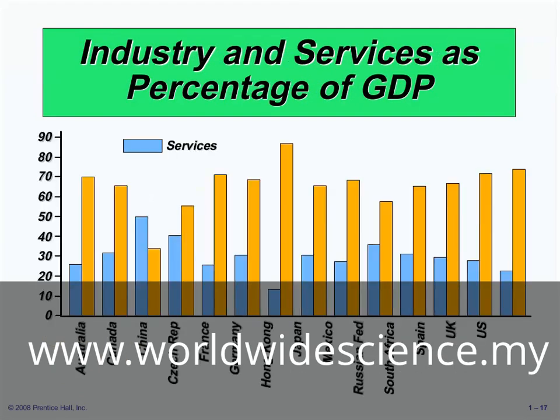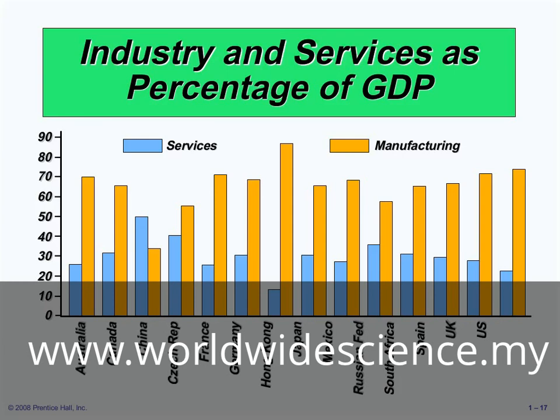Industry as services as a percentage of the GDP. In one country such as China, please look at this slide and this diagram. As you see, in China, service companies make up a high percentage of the GDP, gross domestic product. GDP is one of the indicators in the economy.